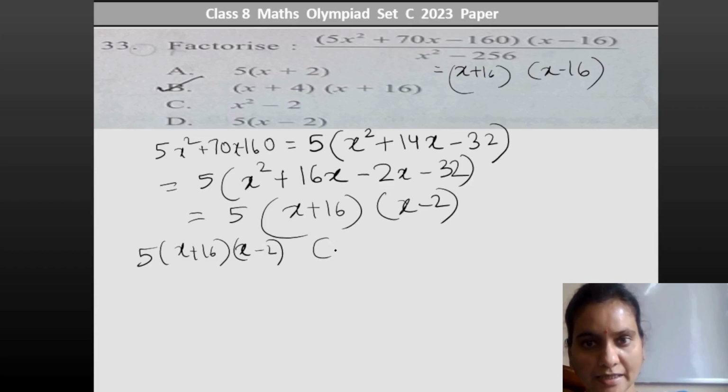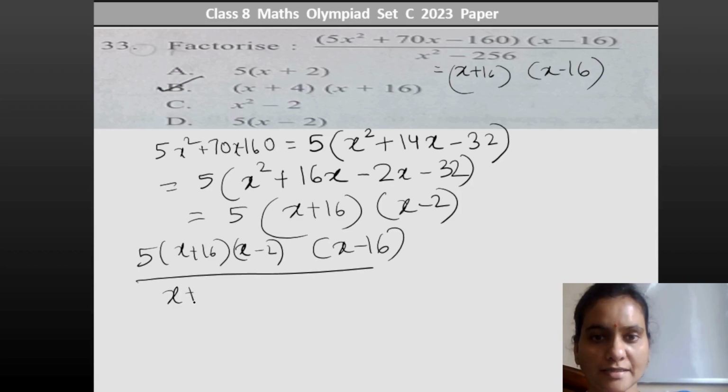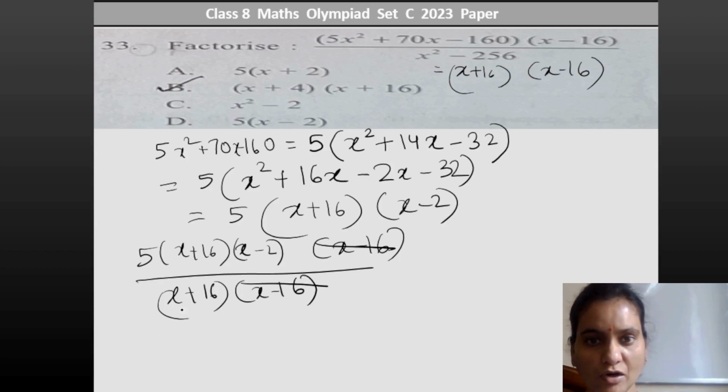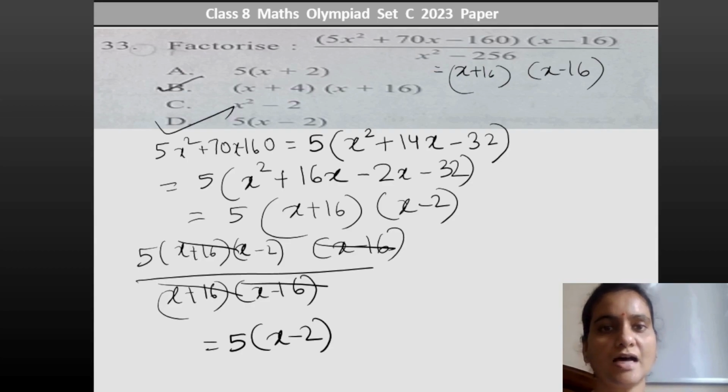And the denominator we already have factorized: x square minus 256 is x plus 16 into x minus 16, because 16 into 16 is 256. So x minus 16 got cancelled out, x plus 16 got cancelled out. What remains is 5 into x minus 2, which is option D. So this is the answer for question number 33.